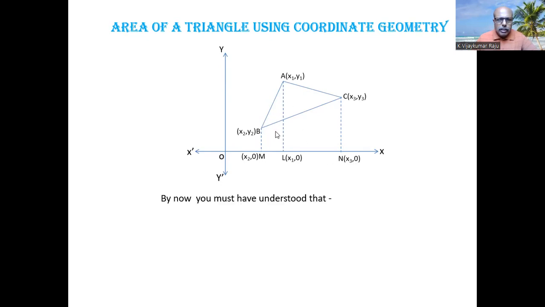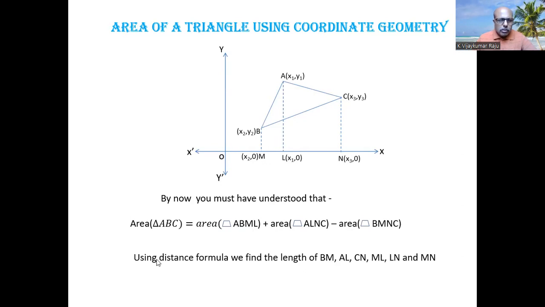By now you must have understood that area of triangle is equal to area of trapezium ABML plus area of trapezium ALNC minus area of trapezium BMNC. So you add these two trapeziums and subtract this, and you'll get the area of the triangle. Using distance formula, we find the lengths of BM, AL, CN, ML, NL, and MN.